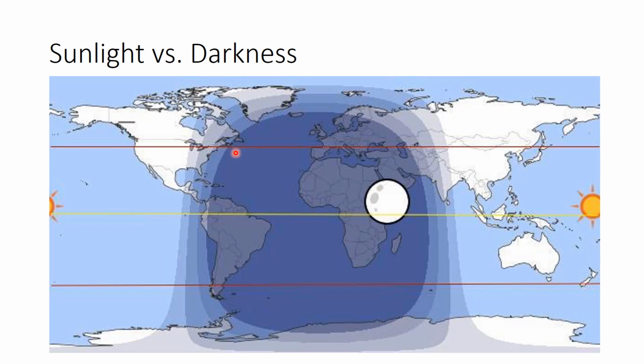The first thing is, what time of the year is this? Well, in order to determine what time of the year this is, you need to look at the sun's exact position. And specifically, if you want to determine that, you actually need to look at where the center of this sun drawing is. And right now, the center of this sun drawing is a few degrees north of the equator.